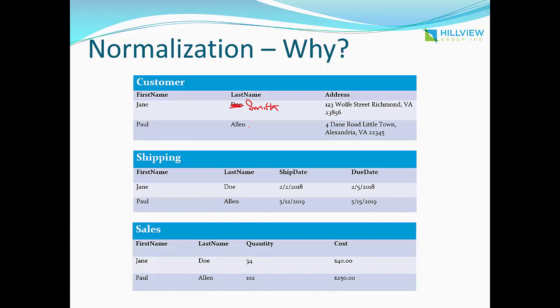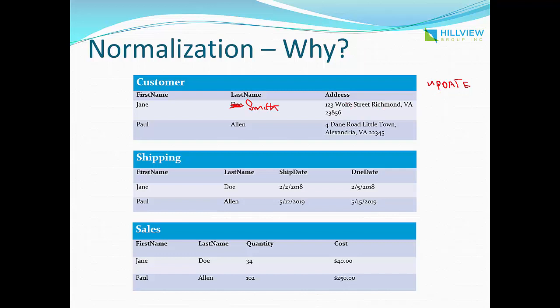So what this means is that we would need to change, or to use the database term, update. That's the database term for change something. All right. We will need to change or update Jane's information in all the tables or in all the entities where our name data is stored.